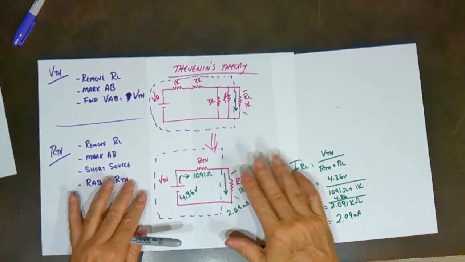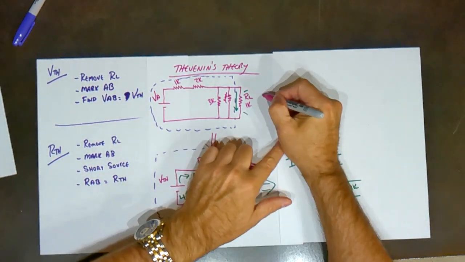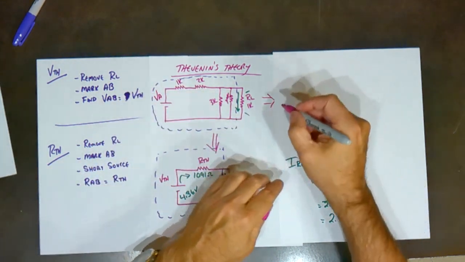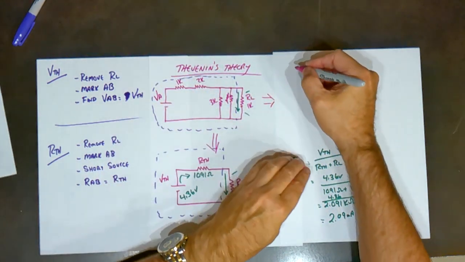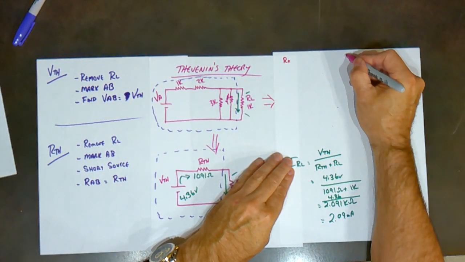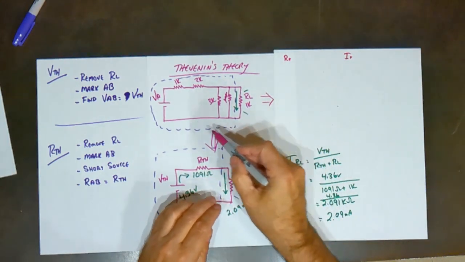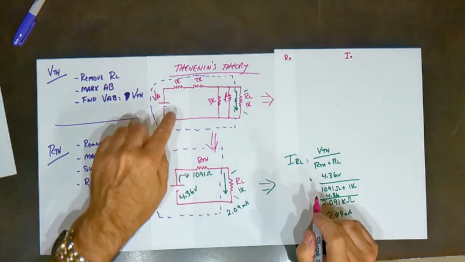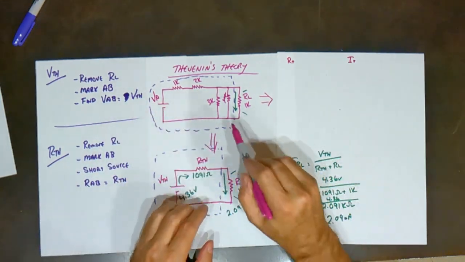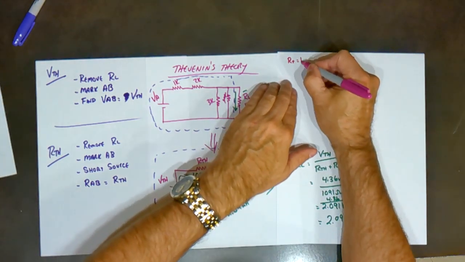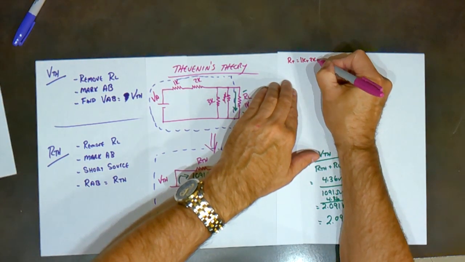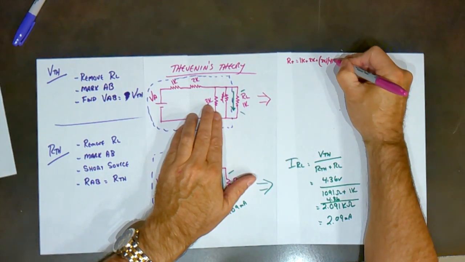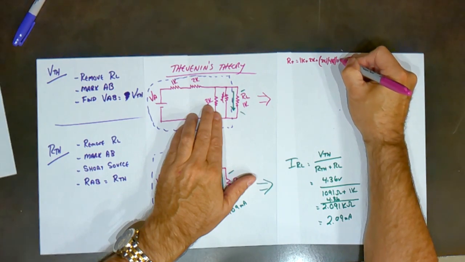Now, if these circuits were equal, we should be able to calculate the current through the load in the original. So here we have to find our total so that we can calculate I total, and then we can figure out what current is going down that branch. So in this case, our total of that circuit, we've got 1K plus 2K plus 3K in parallel with 4K in parallel with 1K.